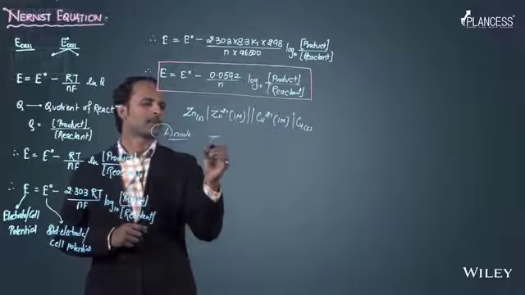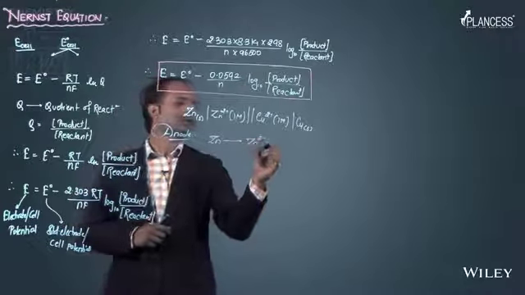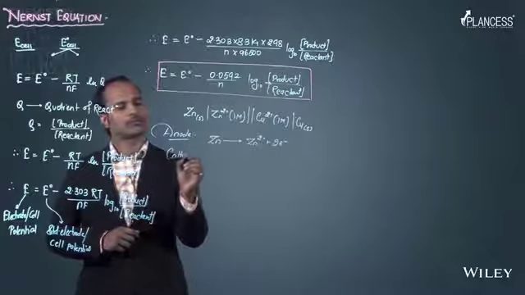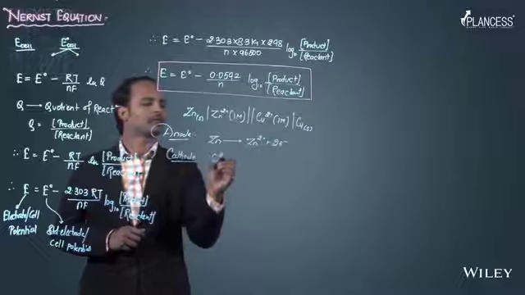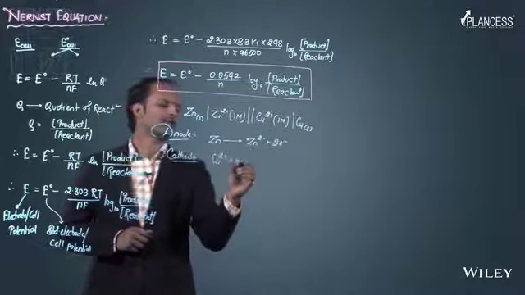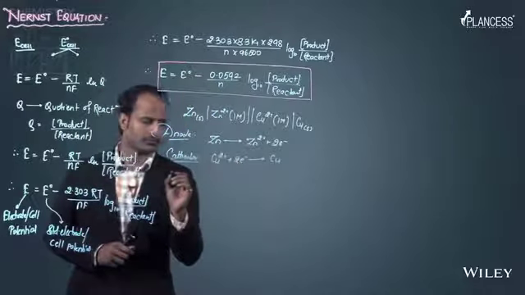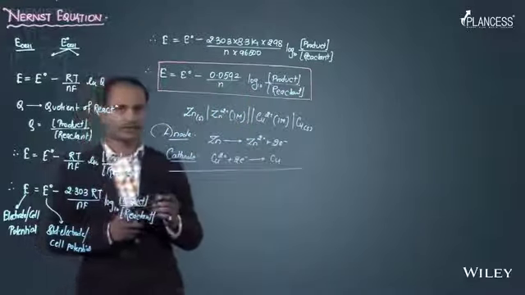Anode, that is a zinc electrode, undergoes oxidation and will give you zinc 2 plus and 2 electrons. Cathode: Cu2 plus plus 2 electrons will give you Cu. Add both the reactions so that finally we get the cell reaction.